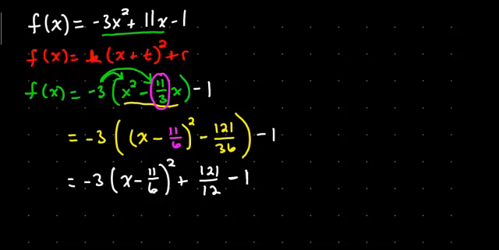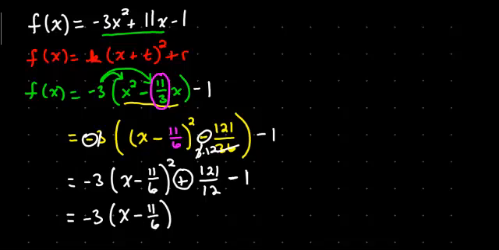I thought of this 36 as 3 times 12, and when the negative 3 distributed, the 3's canceled each other, so I'm left with 121 over 12. The negative and the negative made that positive. So this equals negative 3 times (x minus 11 sixths) squared, and 1 is 12 twelfths. So 121 minus 12 is 109, plus 109 over 12.